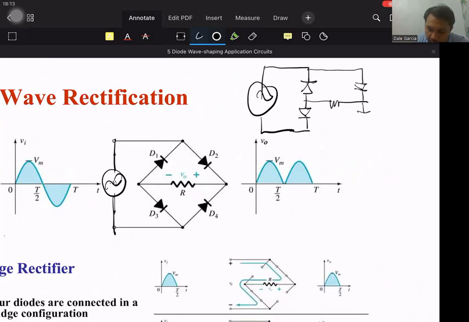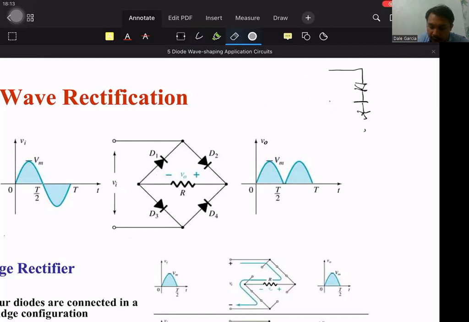So this is a bridge circuit. Just try to bend, use your imagination, bend the diagonal wires. This one goes up, this one goes down. This one goes down, this one goes up. So they are the same. If we see other circuits with exactly the same configuration, that is called a bridge circuit.